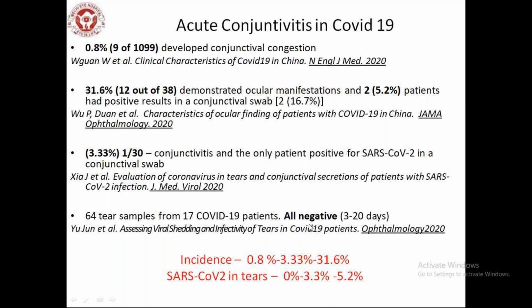So the incidence varies in the available literature from 0.8 percent to 3.3 to 31 percent, and virus isolation in the tears is 3.3 to 5.2 percent of the total conjunctivitis.